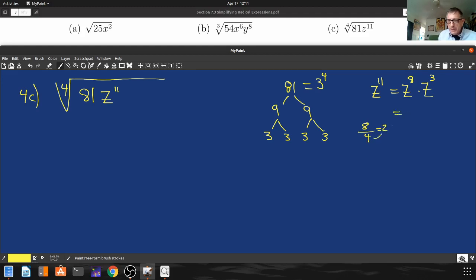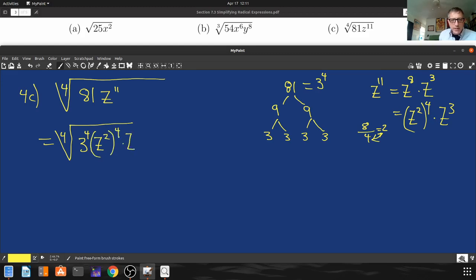So I'm going to write z to the 8th as z squared to the 4th power times z cubed. So with that in mind, I'm going to rewrite: 81 is 3 to the 4th power, and z to the 11th is z squared to the 4th power times z cubed.